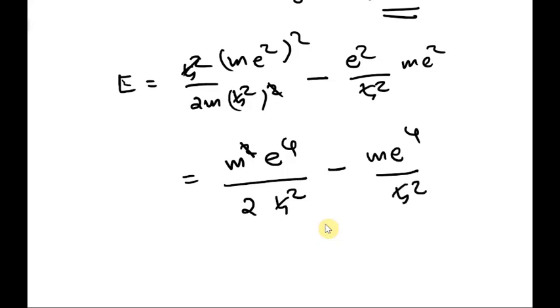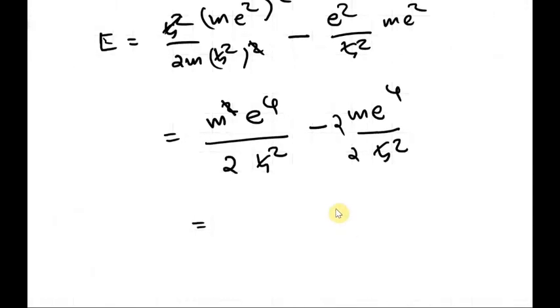So you see m e raised to 4 divided by h cross square, minus m e raised to 4 by h cross square. Just do this and finally you will be getting, this is like 1 minus 2, minus of m e raised to 4 divided by 2 h cross square, right?